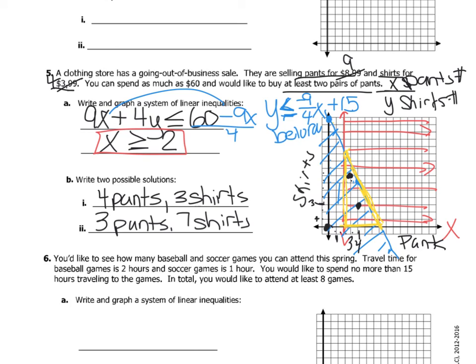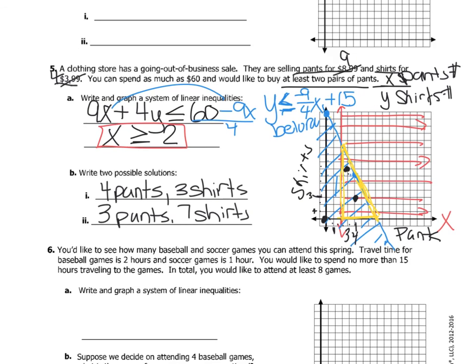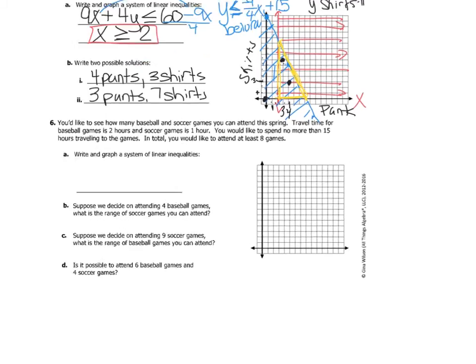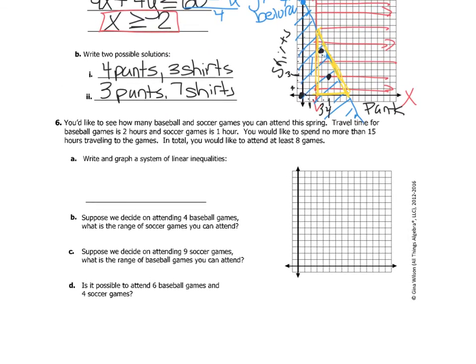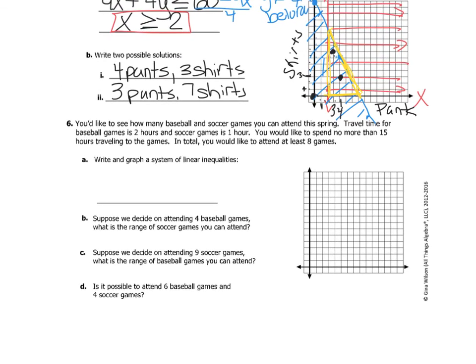All right, I am going to save this last problem in particular because it's got a few more questions on it for class tomorrow. And for my virtual kids, when you're reading these last questions here, it says, suppose we decide on attending 4 baseball games.